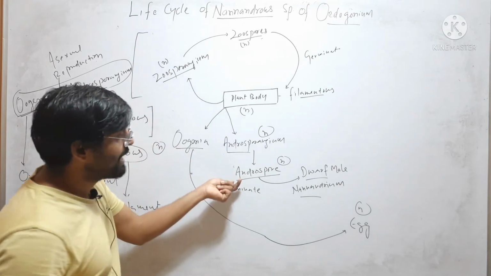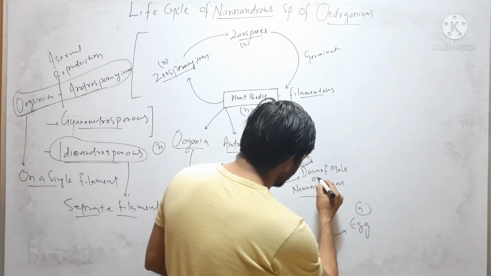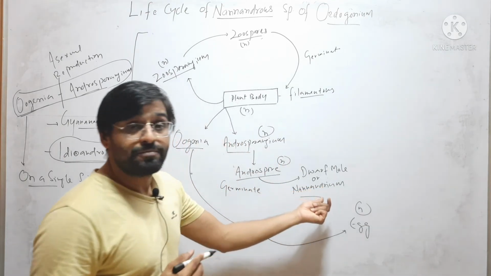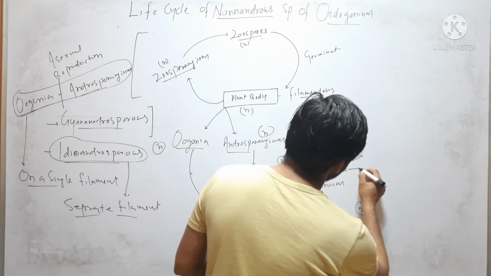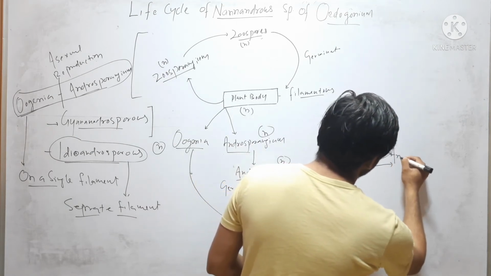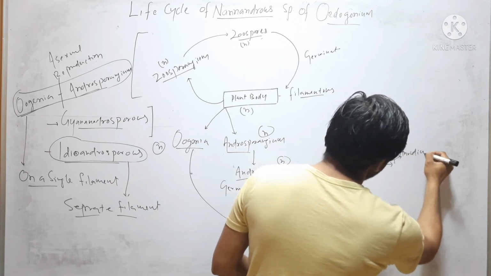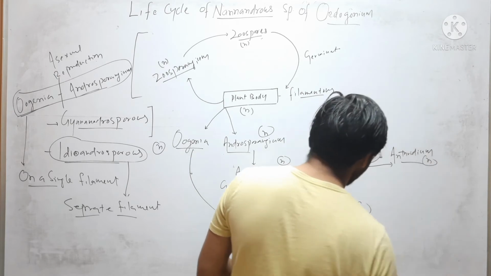The androspore will germinate and form dwarf male or Nannandrium. This dwarf male or Nannandrium further will form antheridium. Dwarf male is also haploid, antheridium is also haploid.